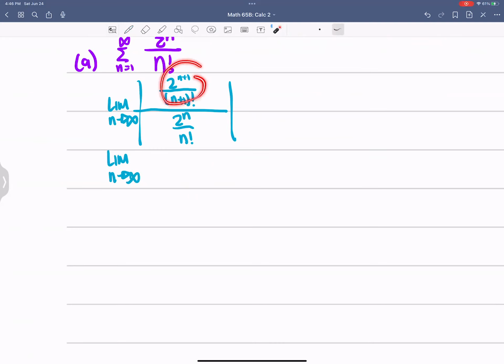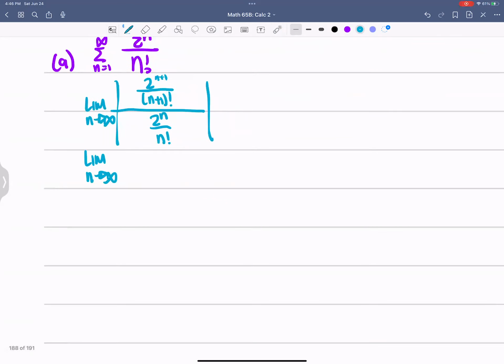I'm going to do our keep, change, flip. So we have 2 to the n plus 1 over n plus 1 factorial, and we're multiplying that with the reciprocal, so n factorial times 2 to the n. Let's take the first term out of here.